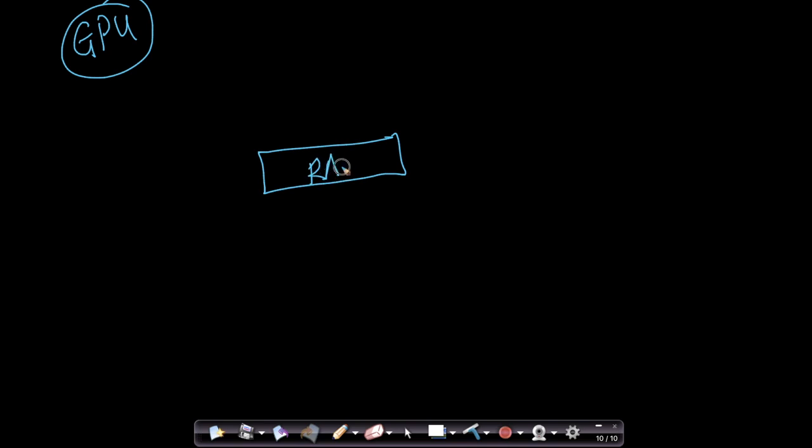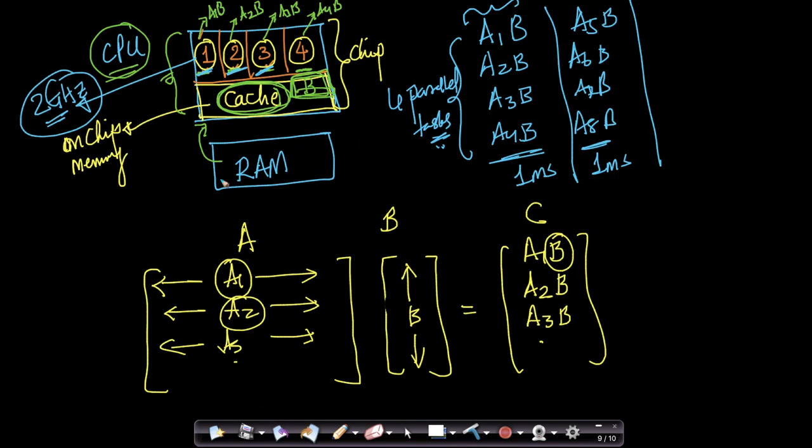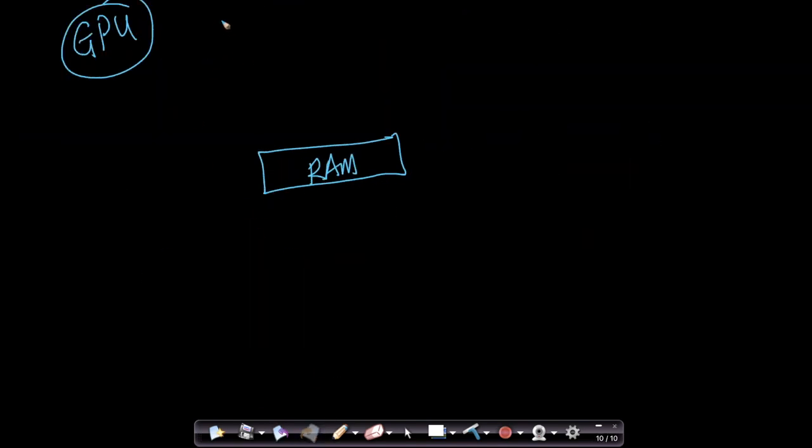So now let's go to a GPU. A GPU has a very, very different architecture. Let me explain this. You have your RAM. Sorry, let me draw it properly. So you have your RAM, just like in the case of your CPU. But the computational structure here is very, very different.